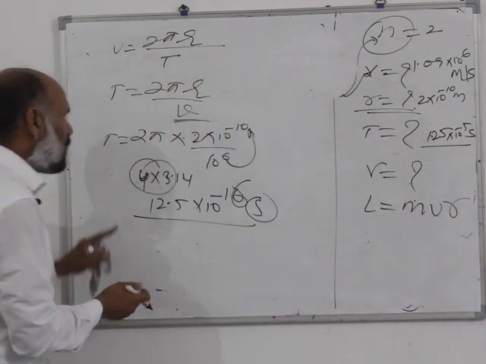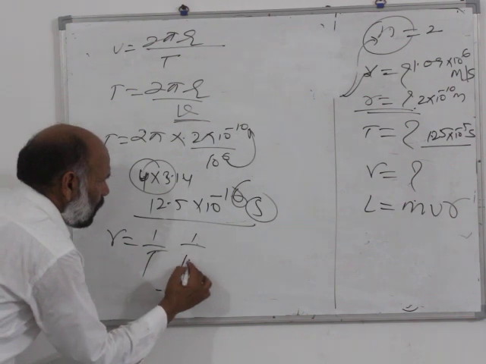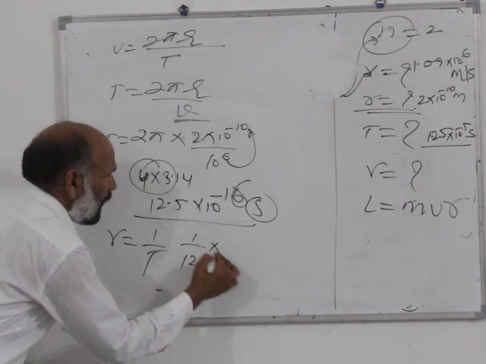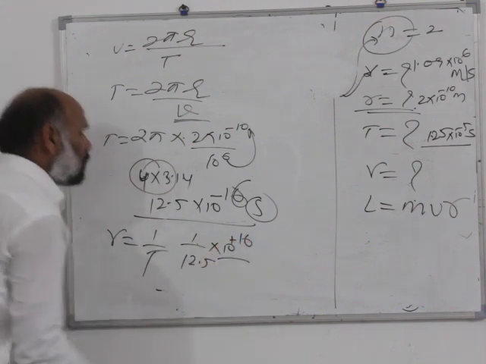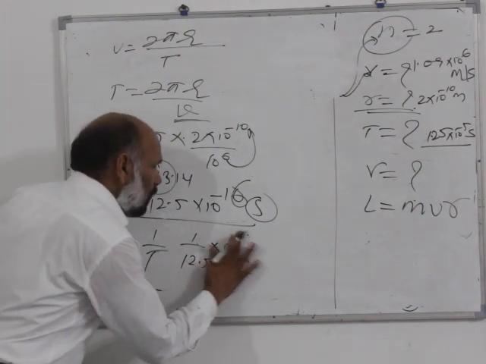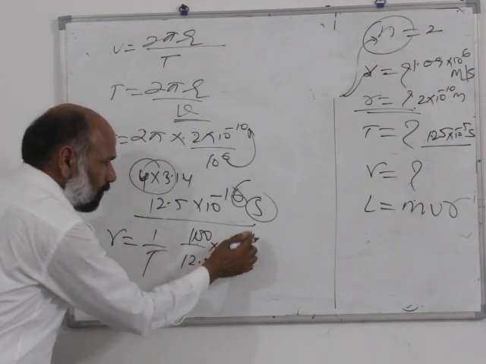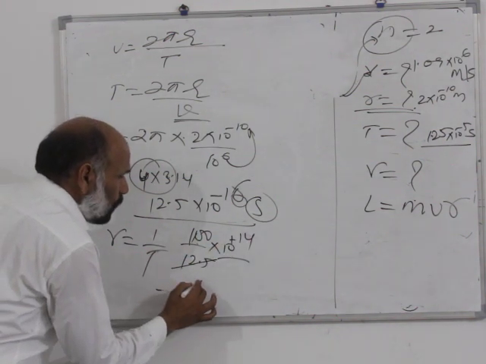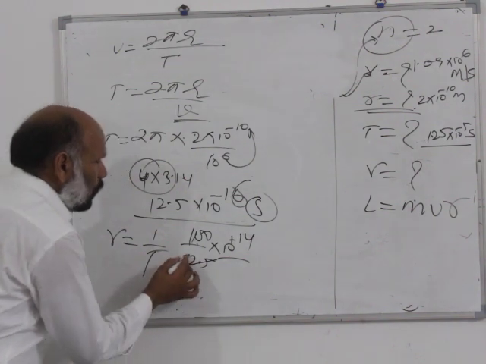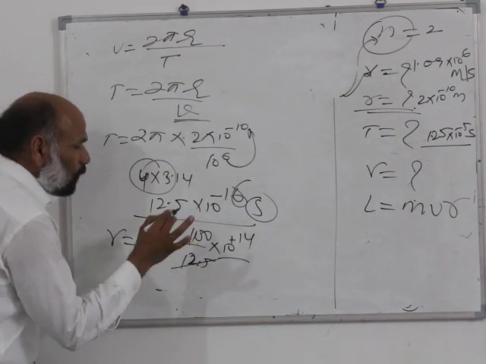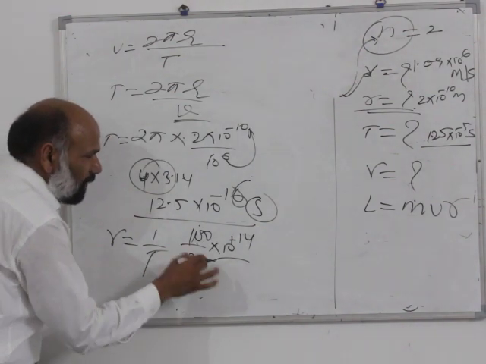Now what is frequency? Just opposite of this, 1 upon time. So 1 upon 12.5 into 10 to the power minus 16 will go in the numerator, it will become plus 16. 12 2s are 25 and 25 4s are 100. 12.5 eights are 100.